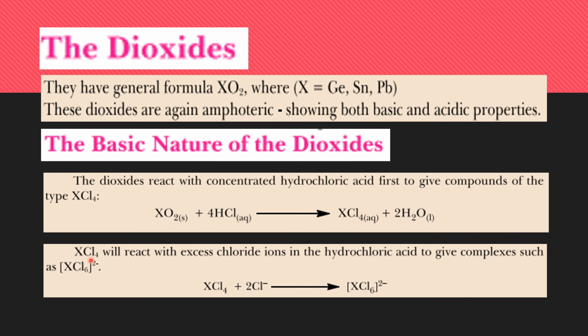When the tetrachlorides react with excess chloride ions, they form hexachloride complex ions.